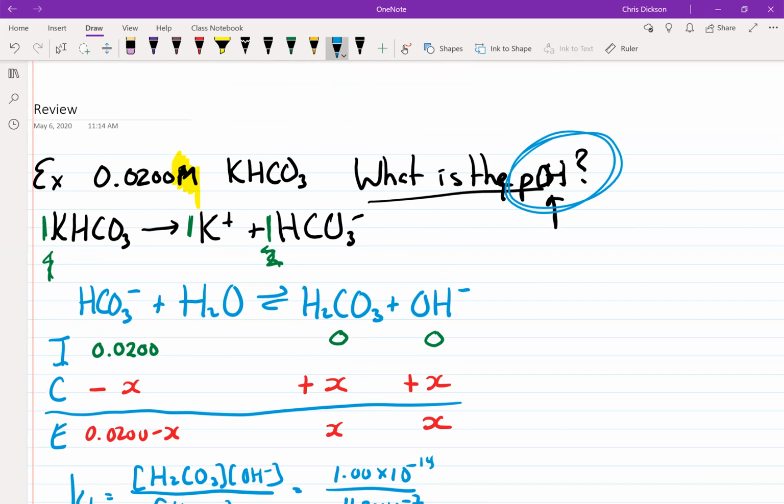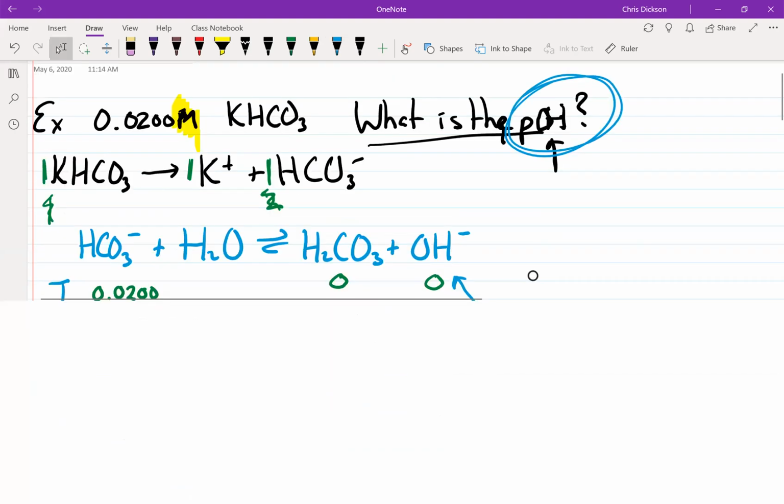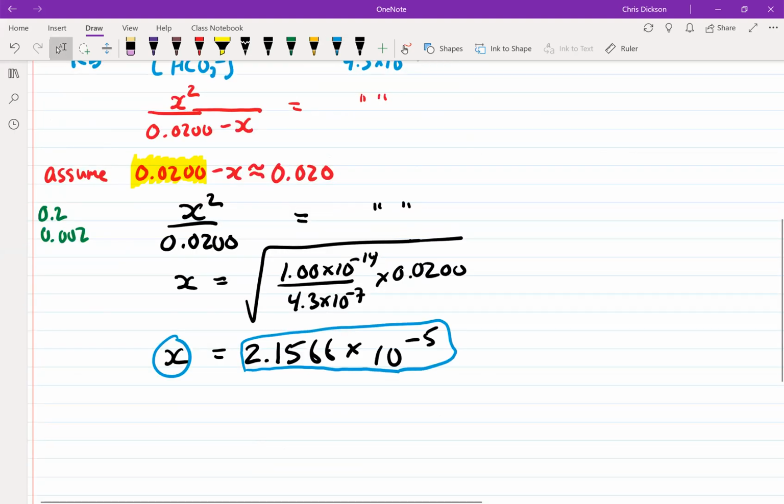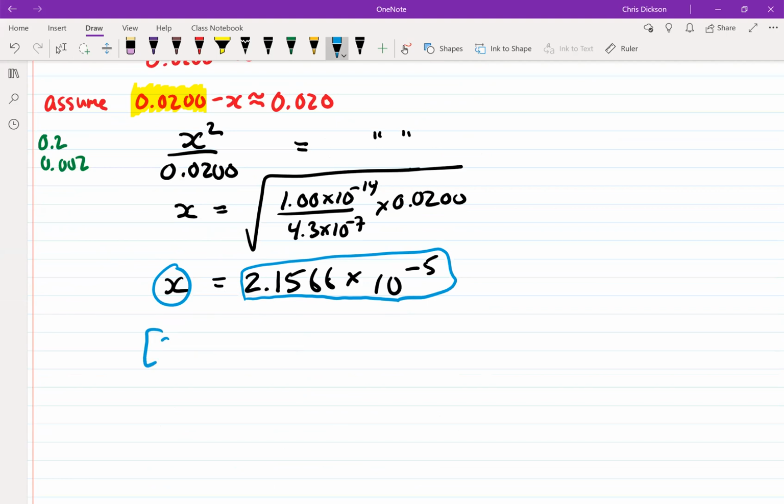If it had been pH, I'd need to know the hydronium or the pOH. And what does the X stand for? Well, X is the concentration of the hydroxides at equilibrium. So once everything's said and done, that should be how much hydroxide you have in solution. So the concentration of the hydroxide would equal this number in molarity.